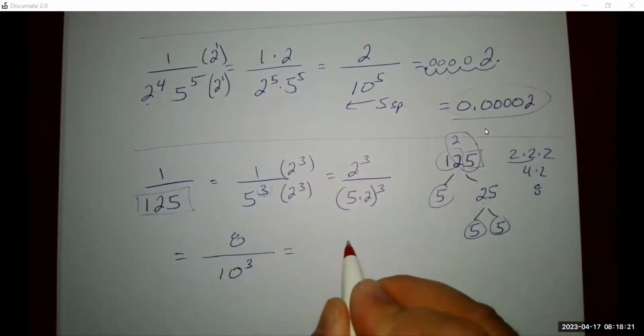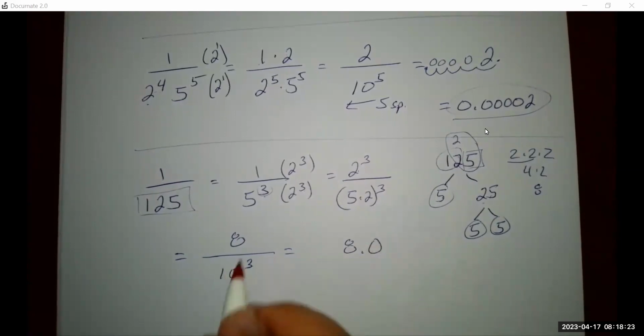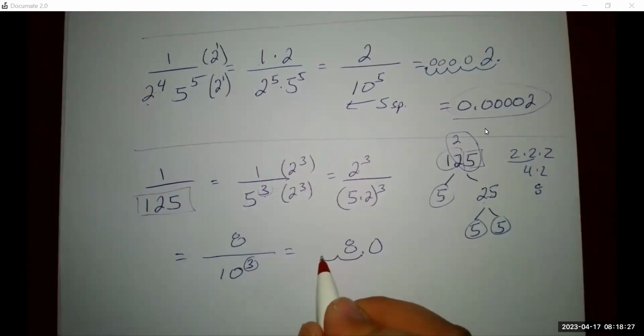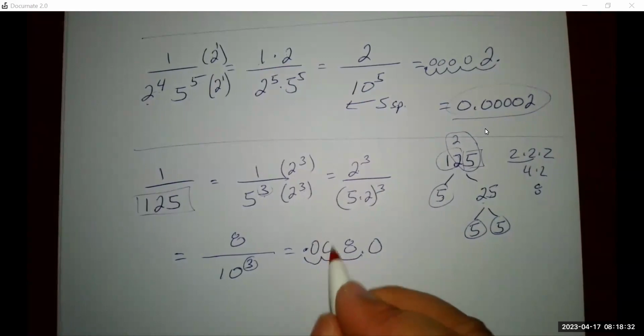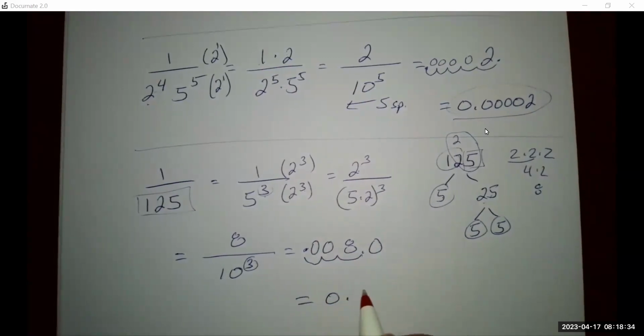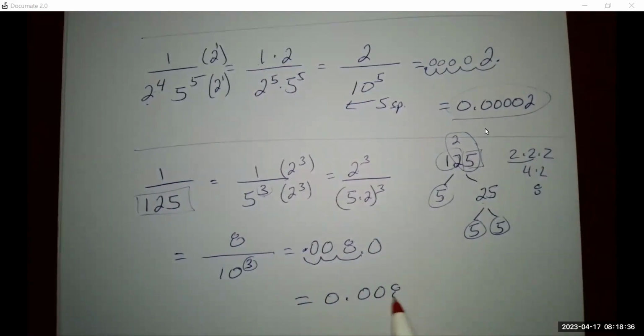So the number is 8.0 on top. But I move it to the left 3 spaces. 1, 2, 3. Means I need a 0 there and a 0 there. So my answer is 0.008.